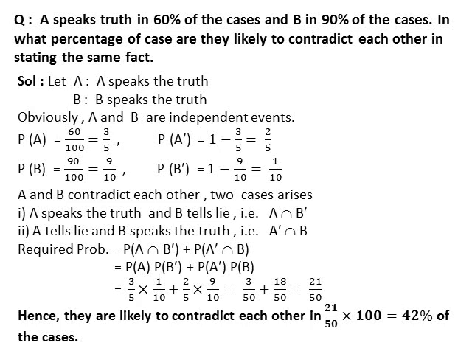Hence, A and B are likely to contradict each other in 21 by 50 into 100 equals 42% of the cases.